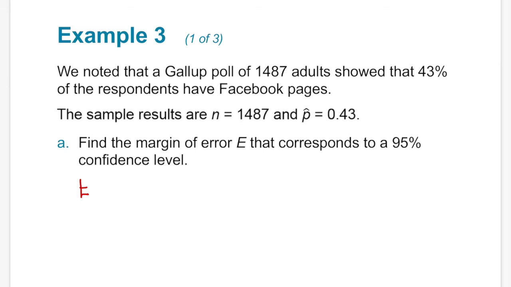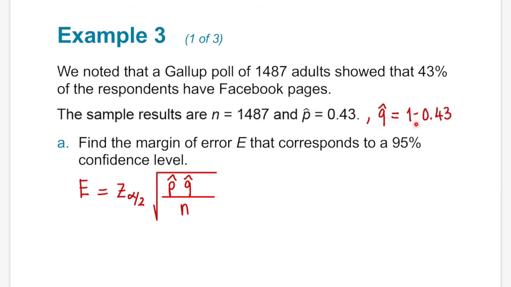The formula of E is z of alpha half times the square root of p hat times q hat over n. I have n is 1487, p hat is 0.43. I can find q hat from here. q hat is 1 minus p hat, so 1 minus 0.43 is 0.57.